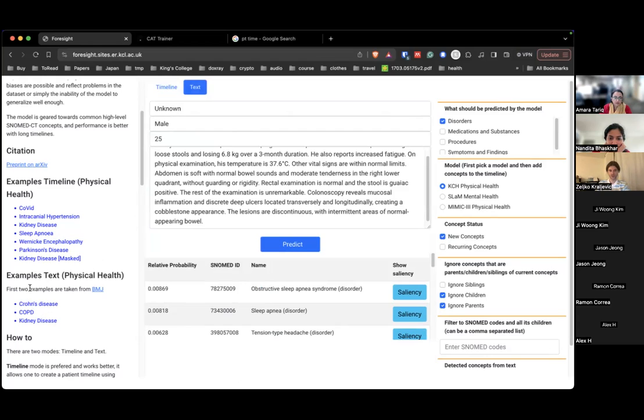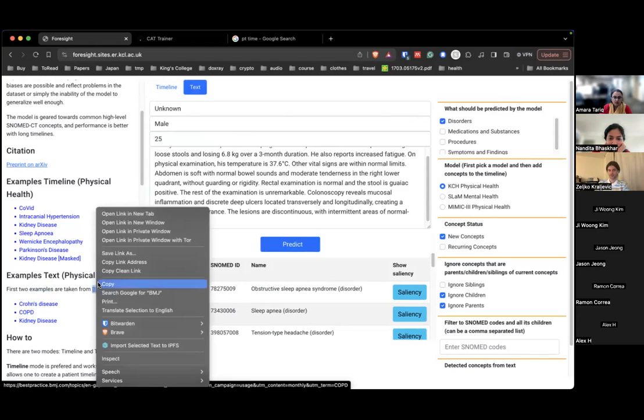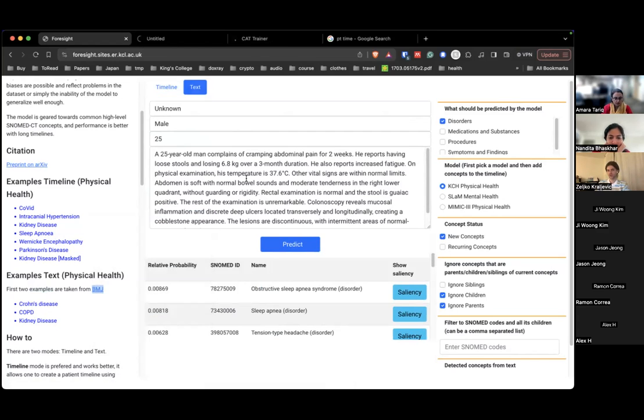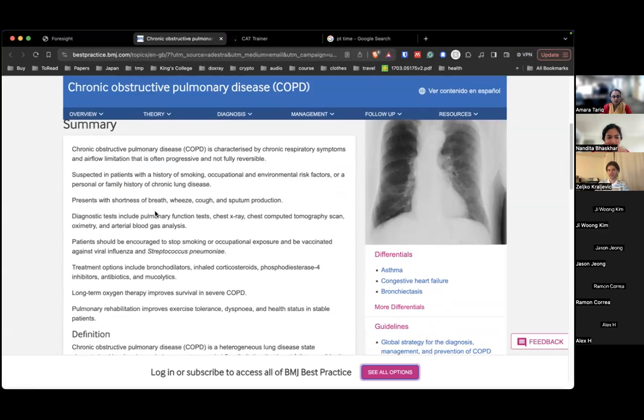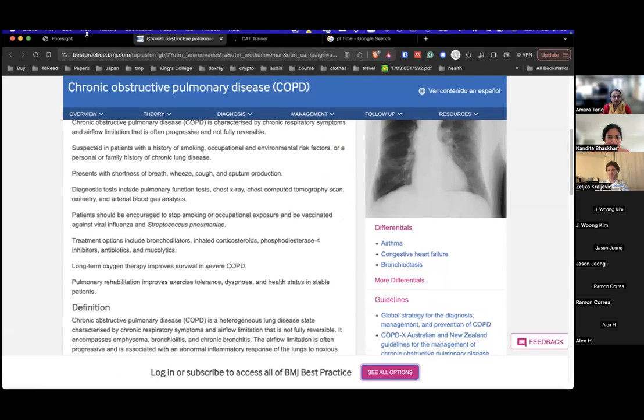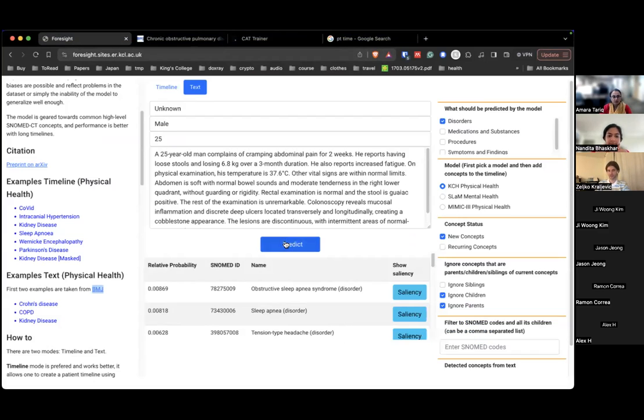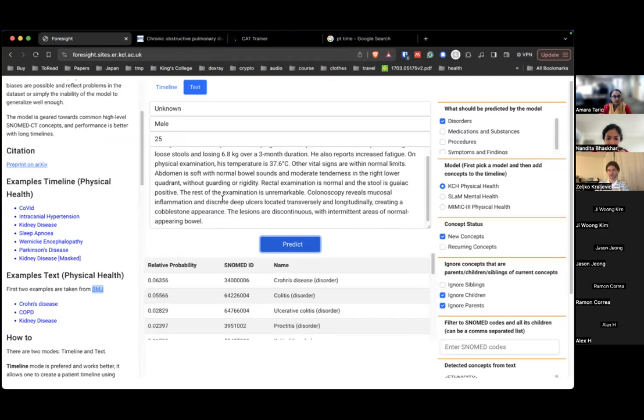I think these examples were taken from BMJ, where they have small examples of patients and their history or summary. So we just take that, copy paste, do the prediction again, and the model should correctly predict that this patient has Crohn's disease.